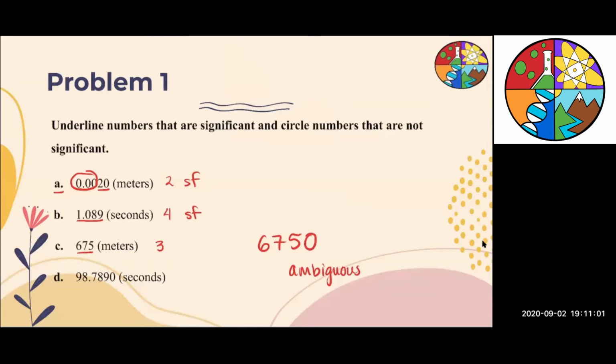What does ambiguous mean? It's basically uncertainty. It just means there's an uncertainty, like you don't know where the end is. So if I gave you 6750 with the period, this would count as 4 sig figs.